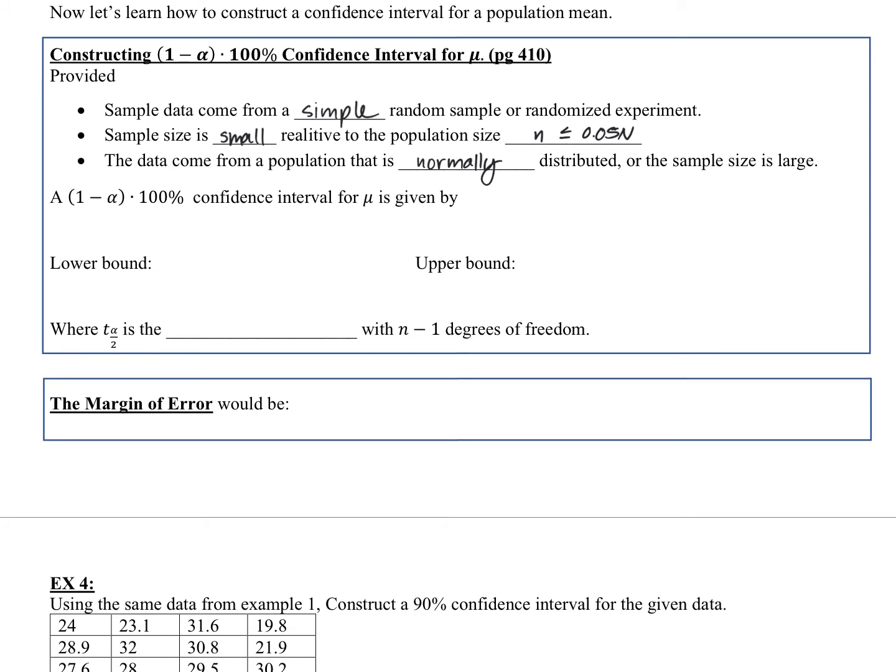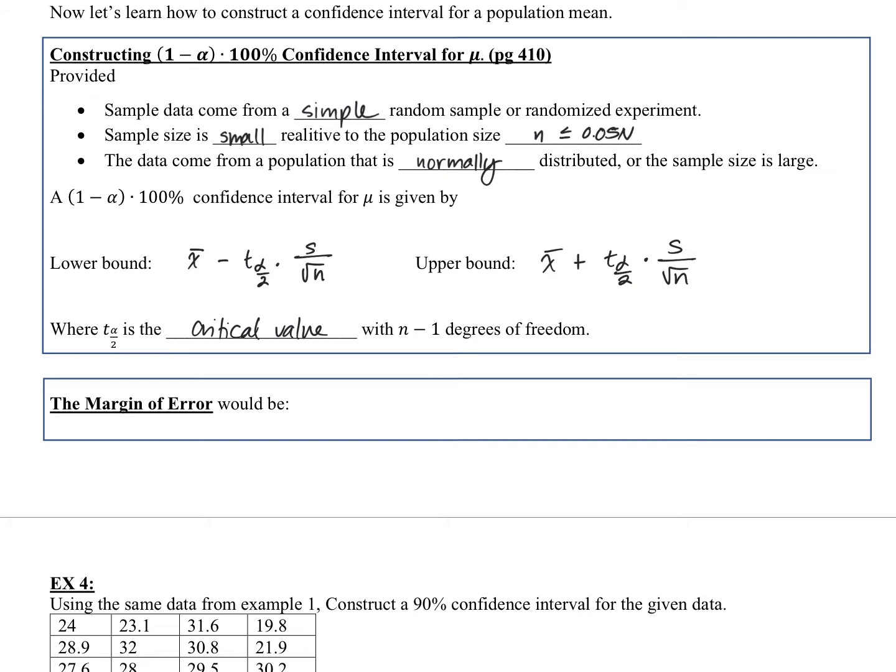And then a (1 − α) × 100% confidence interval for μ is given by the following. For the lower bound, we'll do x bar minus t α/2 times s over the square root of n, and our upper bound would be x bar plus t α/2 times s divided by square root of n, where t α/2 is the critical value with n minus 1 degrees of freedom.